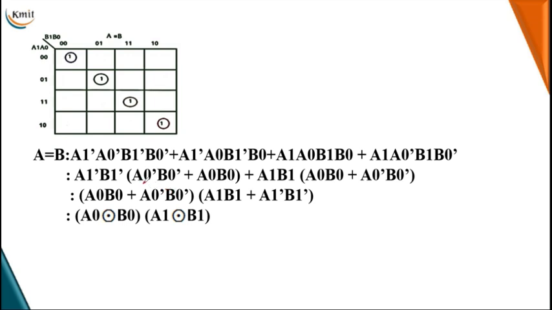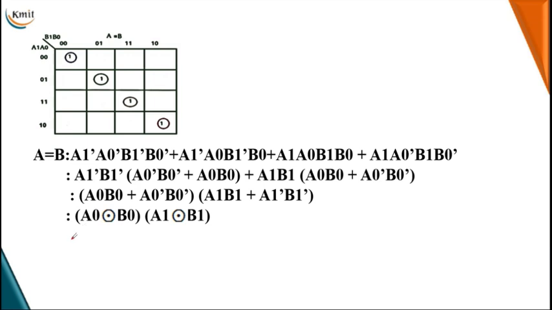So A0 bar B0 bar plus A0 B0 is A0 exclusive NOR of B0. Then A1 bar B1 bar plus A1 B1 is written as A1 exclusive NOR of B1.